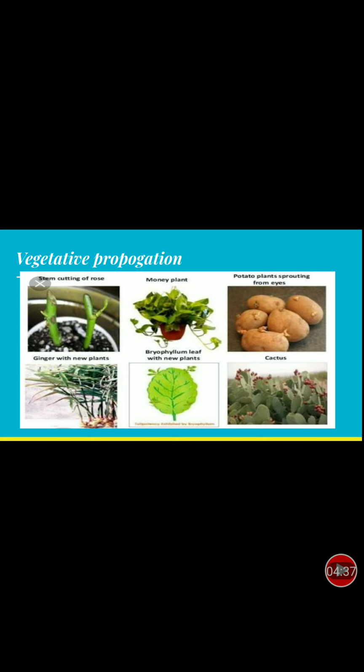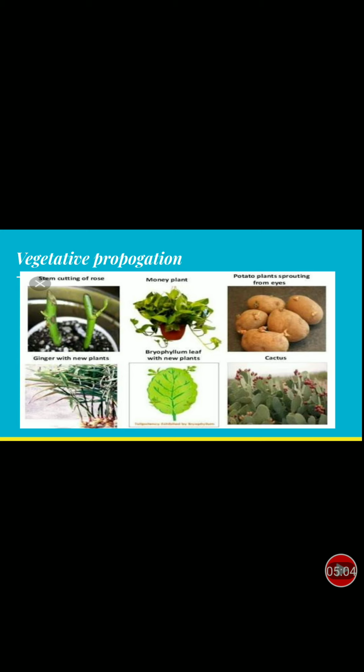I'll repeat an important point to be noted. In asexual reproduction, plants can give rise to new plants without seeds. Today you are going to study about asexual reproduction. Asexual reproduction takes place by other parts of the plant, that is, other than seeds.